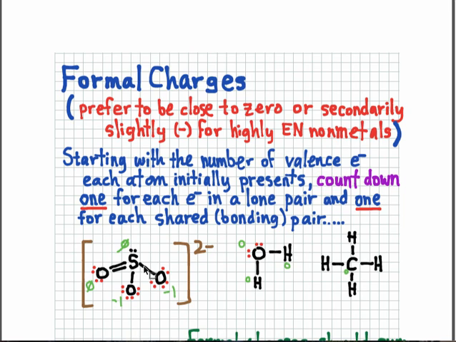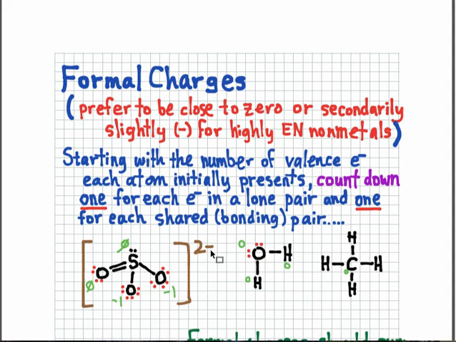Try to watch carefully to my pointer. Again, that's 6, 5, 4, 3, 2, 1, 0, 0. 6, 5, 4, 3, 2, 1, 0, -1. Formal charge -1. Same for here. So -1 and -1 add up to -2.